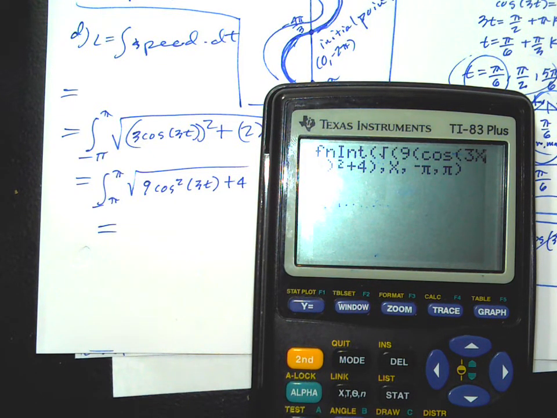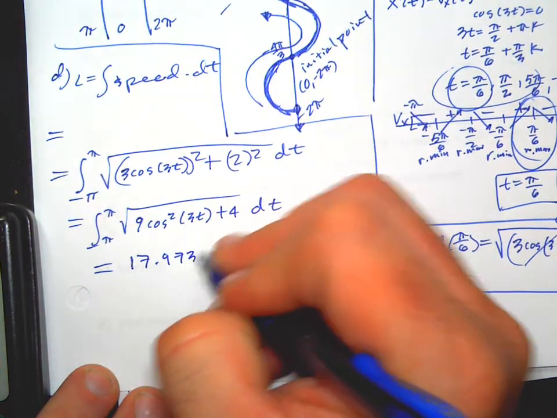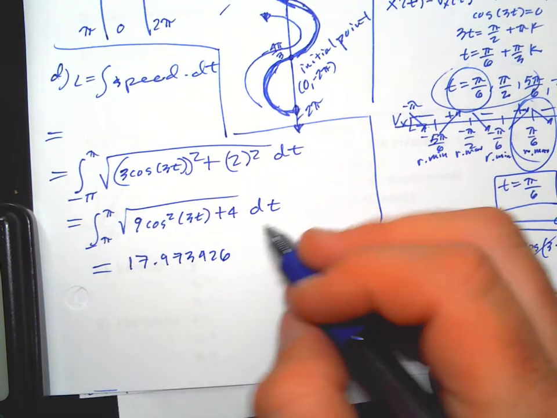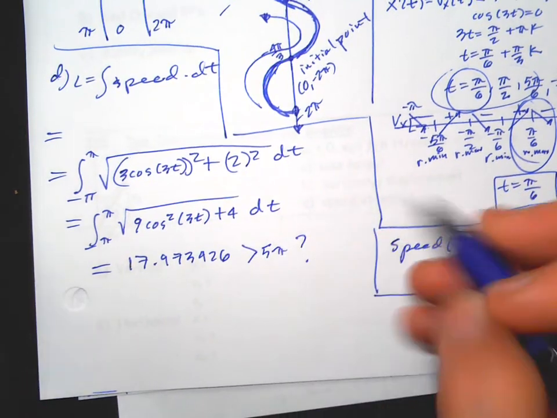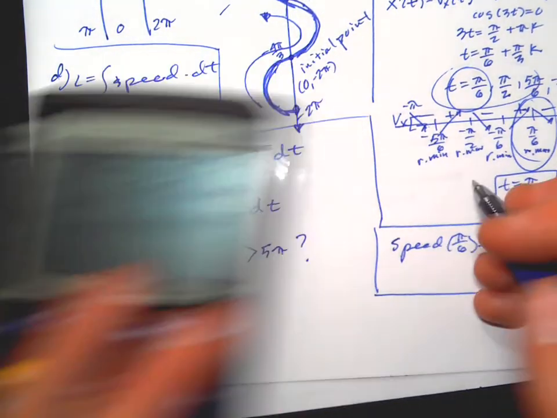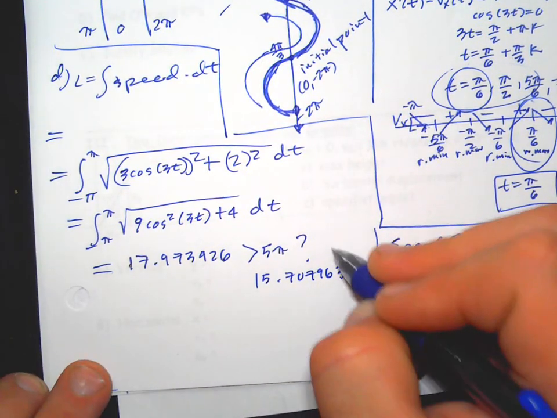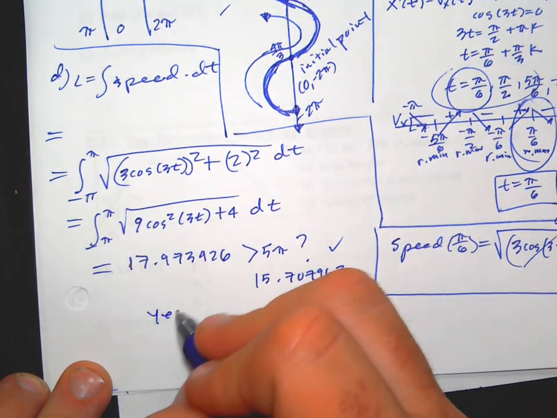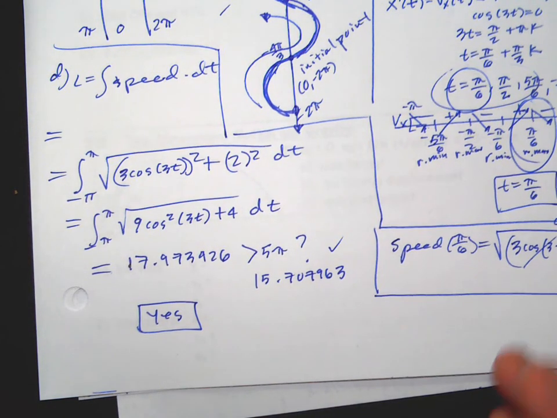Still going. There it is. 17.973426. And then it says, is it greater than 5 pi? That's a question. Well, what's 5 pi? 5 pi is 15.707963. So yes. Yes. And there's my answer. There's my justification. Okay, that's it.